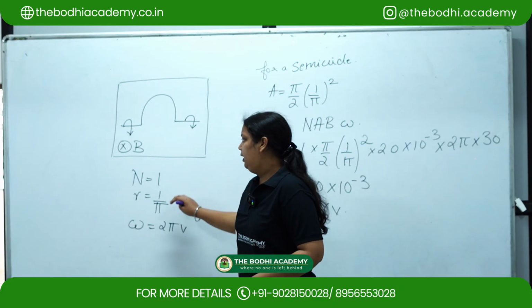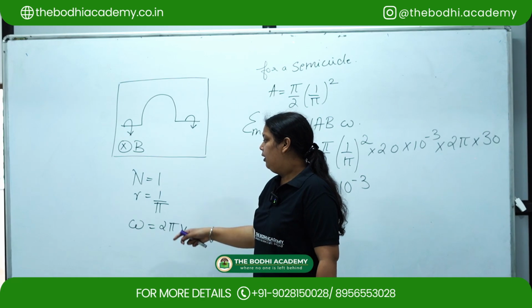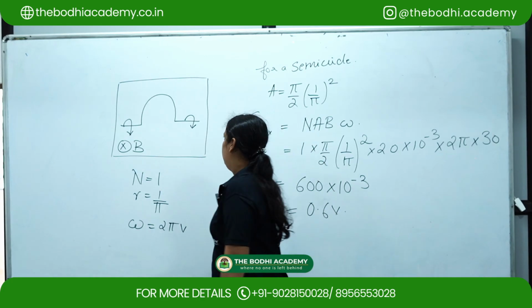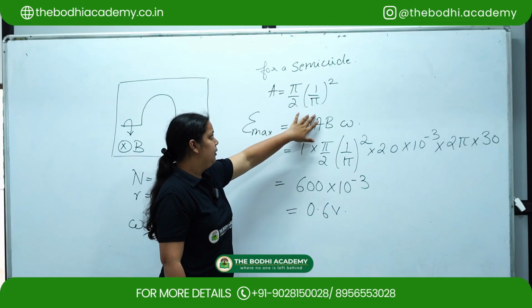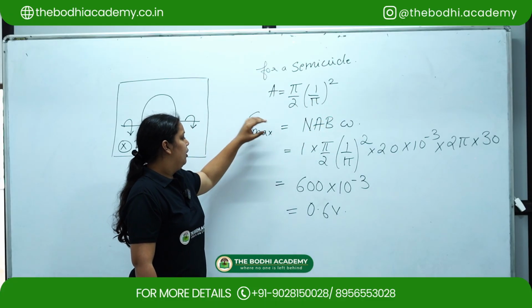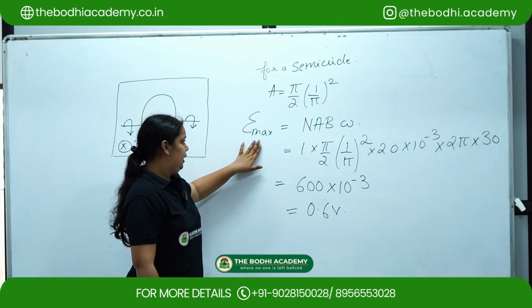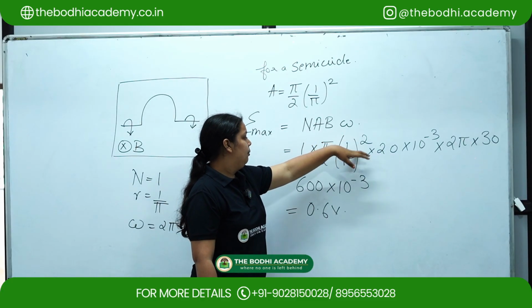So we are given N equal to 1, radius 1 upon pi, omega 2 pi v. So for a semicircle, area is pi by 2, 1 upon pi the whole squared. So we'll calculate the value of Emax equal to NAB omega.